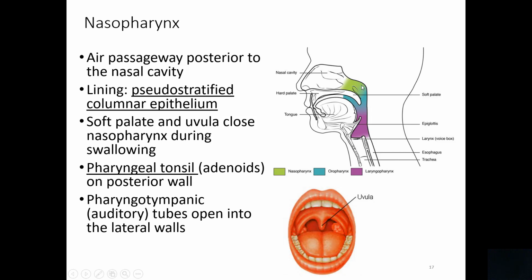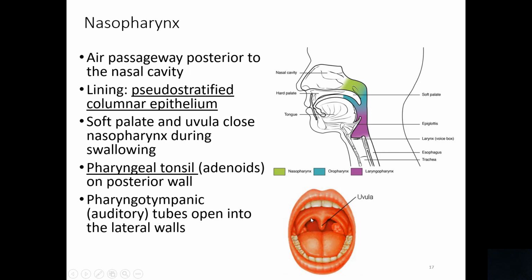Nasopharynx is the top part of the pharynx. It is lined with pseudostratified columnar epithelium, exactly as the nasal cavity. And when we are swallowing, look right here, that's our mouth, that's the soft palate and uvula.